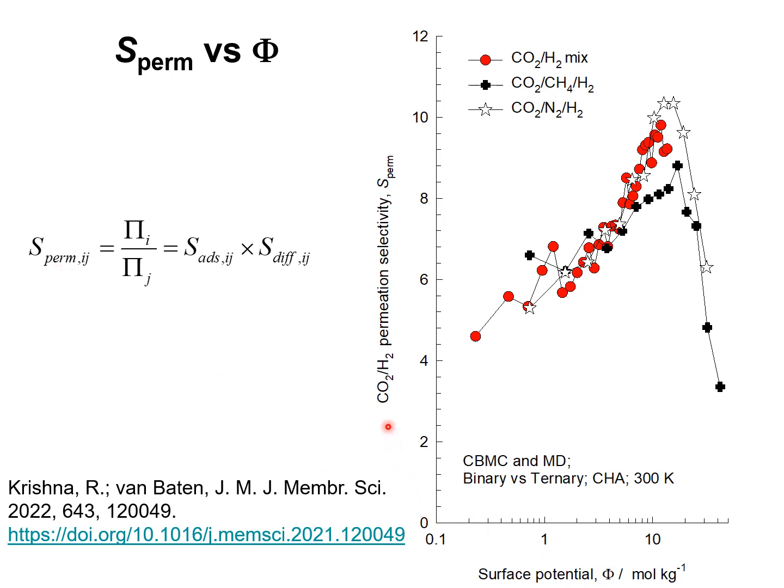This is indeed the case, as illustrated in this example for CO2 hydrogen permeation selectivity in Chabasite.